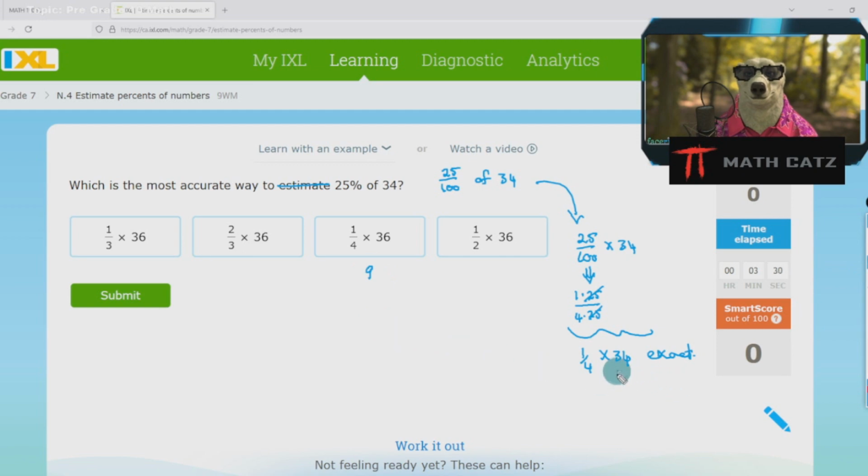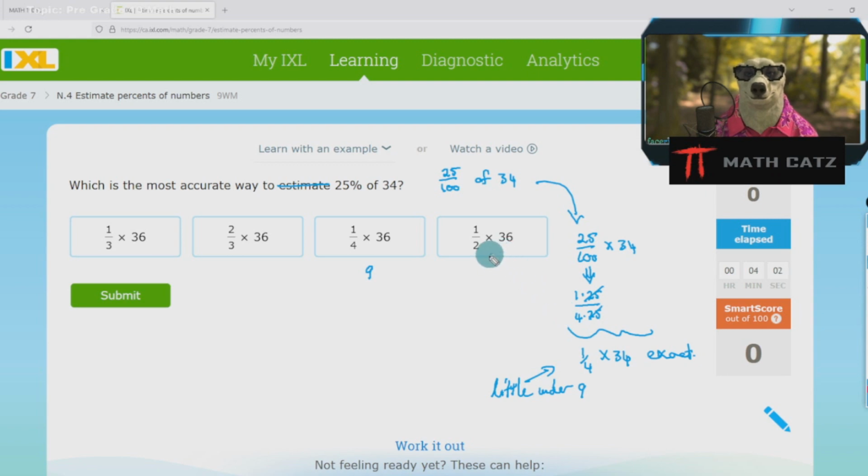But I'm taking 1/4 of less, so my answer is going to be a little under 9. But it's going to be close, because taking 36 does make an easier calculation. I can do it in my head. Not that this is super hard, but it is technically easier.